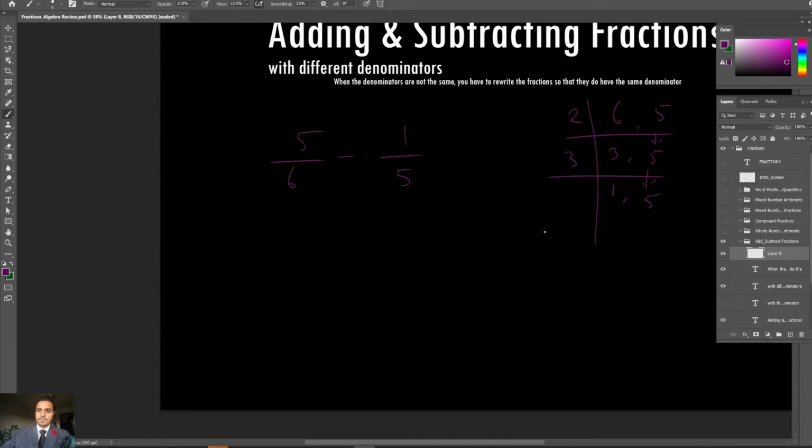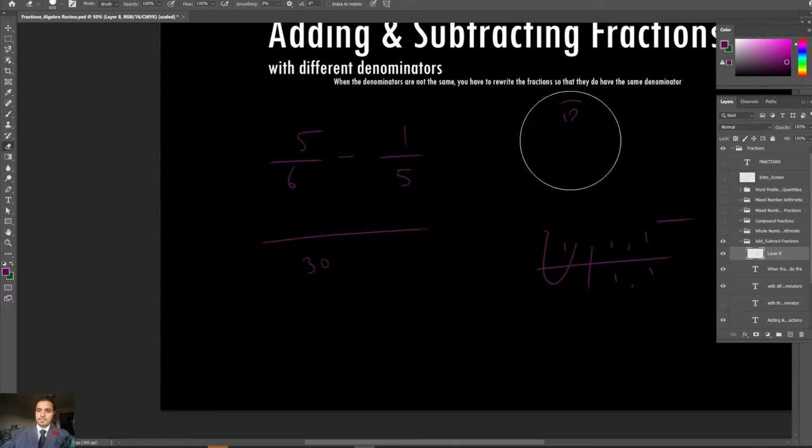Then 5 times 1 is 5, and then 1 times 1 is 1. If we multiply these numbers, we'll find our least common multiple: 2 times 3 is 6, 6 times 5 is 30. So 30 is the denominator.